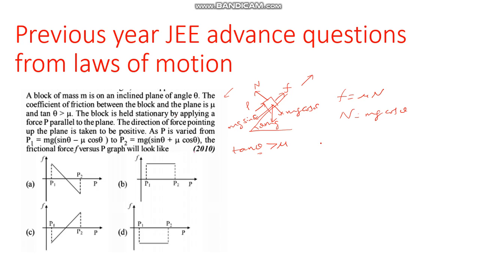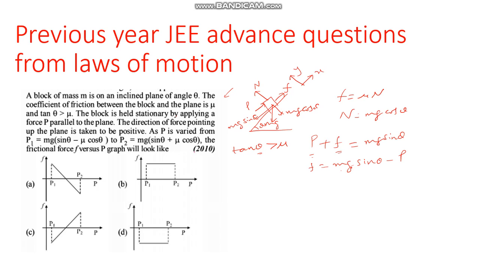If you write the equilibrium condition in the x direction, I am calling this x and this y, P plus F will be equal to mg sine theta. Because you are plotting P versus F, let us write F in terms of P: F equals mg sine theta minus P.